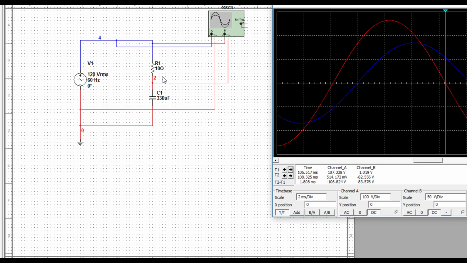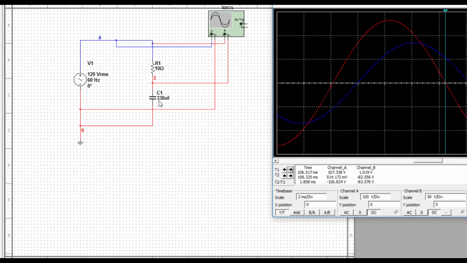Now, I've chosen the resistor voltage simply because in a series circuit, if we have a resistor, we can use the voltage across it to represent the current in the circuit. One of our statements is always that voltage and current will be in phase for a resistive component. It doesn't matter whether it's connected in series or in parallel or part of an RC circuit or an RL circuit. It's a rule that always applies.